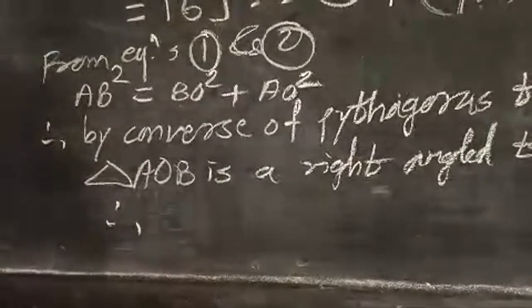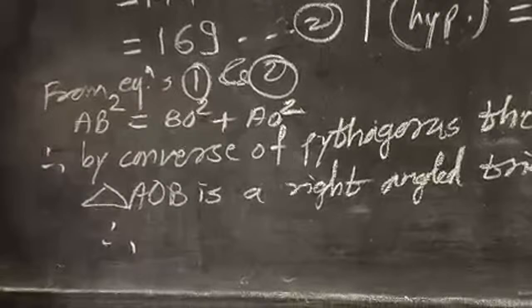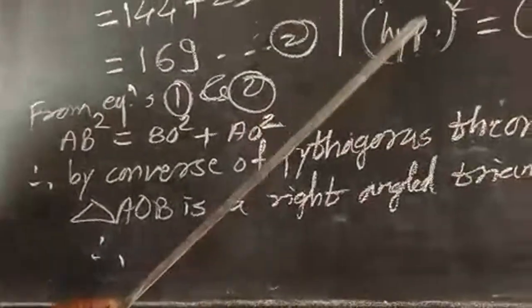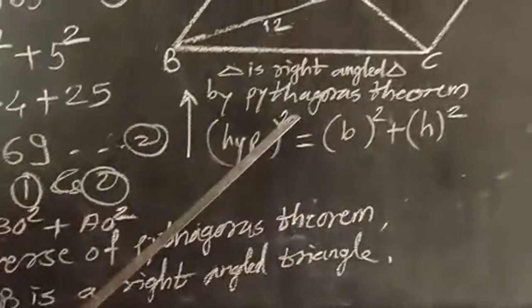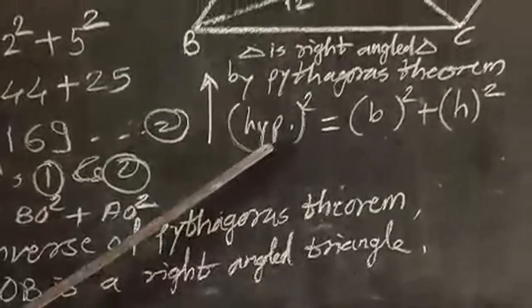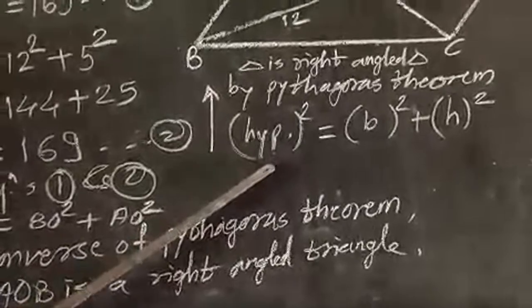Which angle is 90 degrees? The hypotenuse is opposite to the right angle.